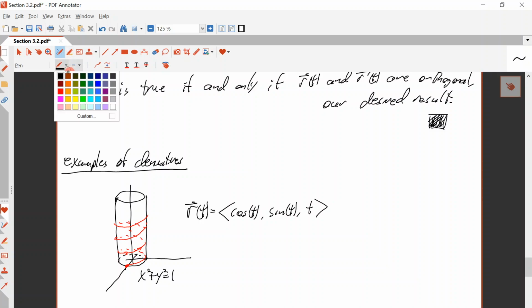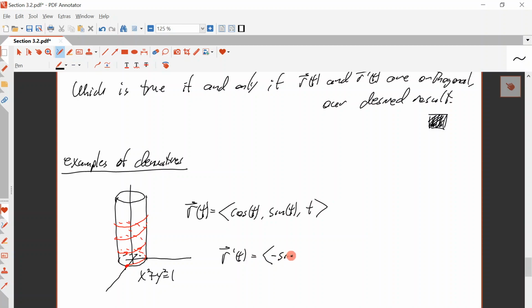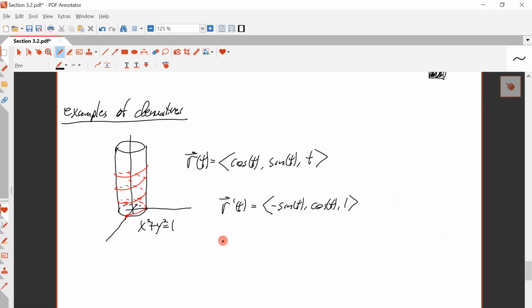All right, so r prime of t is equal to minus sine of t, cosine of t, and then 1. So for example, r prime at 0, right here at 0, is equal to 0, 1, 1.